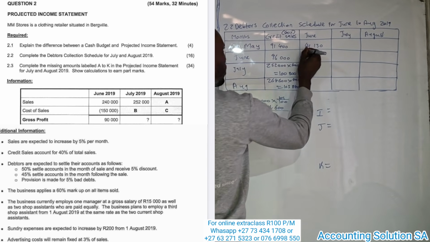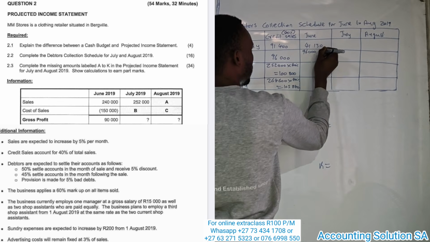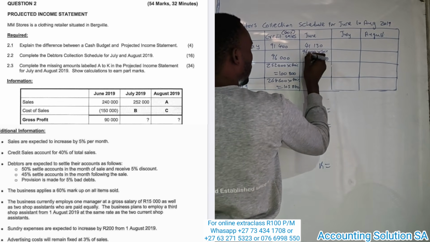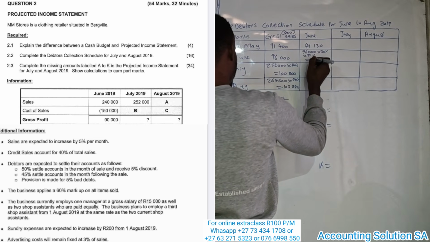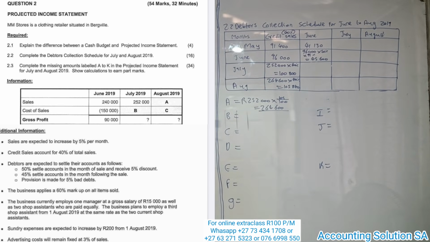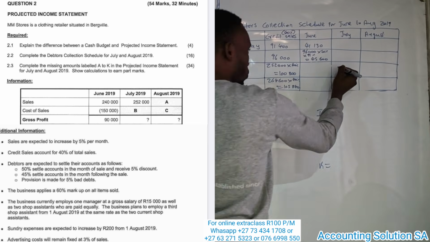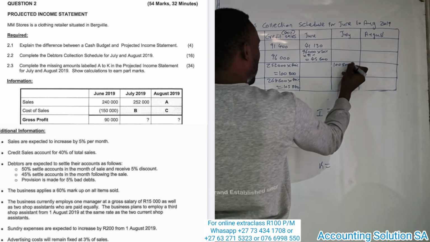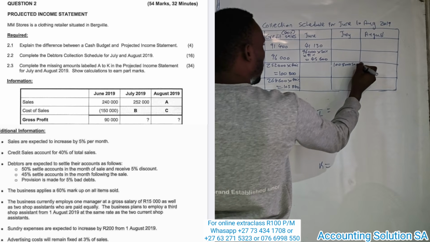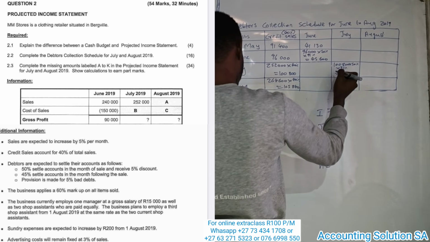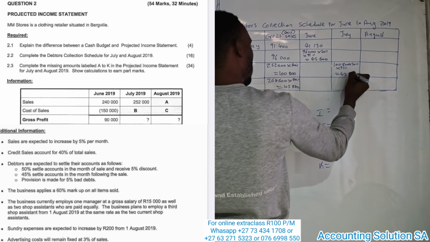We're going to say 96,000 multiplied by 50%, and we multiply by 95% as well for discount, which is going to give us 45,600. Another same month is July, and July is going to meet here. 100,800 multiplied by 50% multiplied by 95%, which is going to give us 43,200.